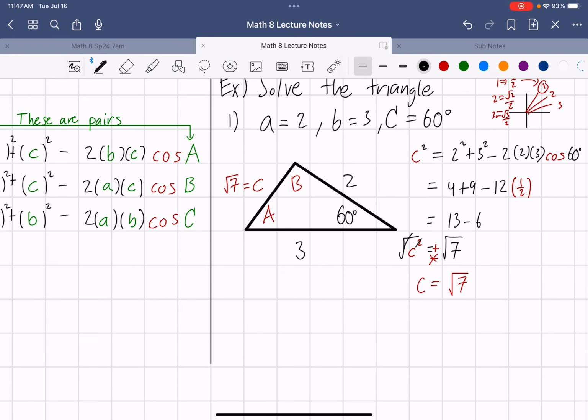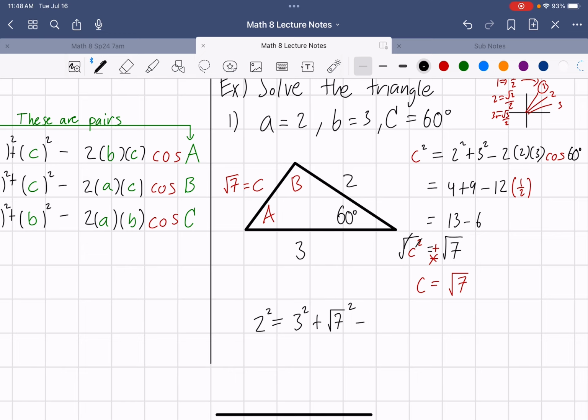So we start with the side that corresponds to A, which is 2. We square it. Now we have to do the sum of the two opposing sides of 2, and those sides have to be squared. So it's going to be 3 squared plus square root of 7 squared.